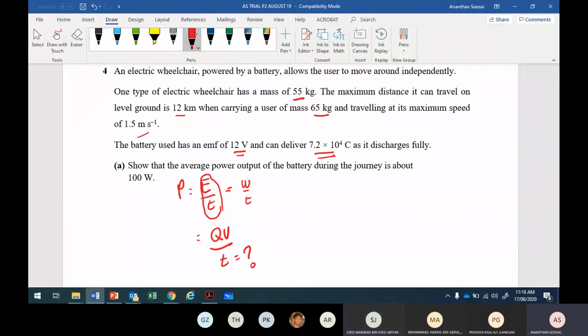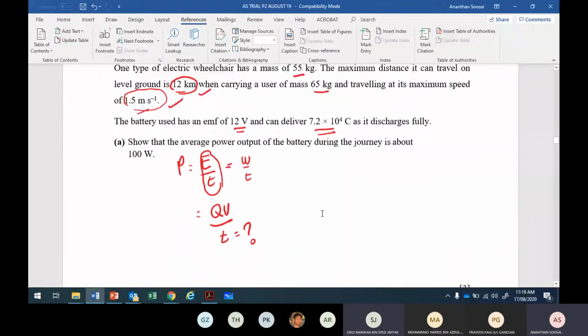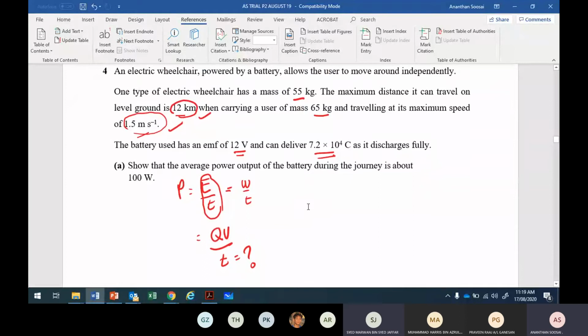It travelled 12 kilometres with a maximum speed of 1.5 metres per second. The distance travelled on level ground is 12 kilometres when travelling at a maximum speed of 1.5. I think these two factors can give you the time. What is the time?